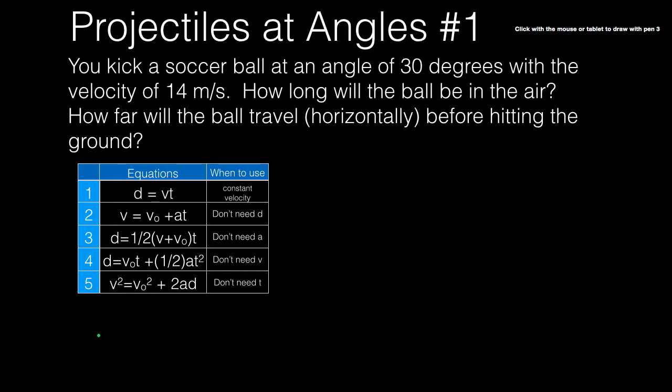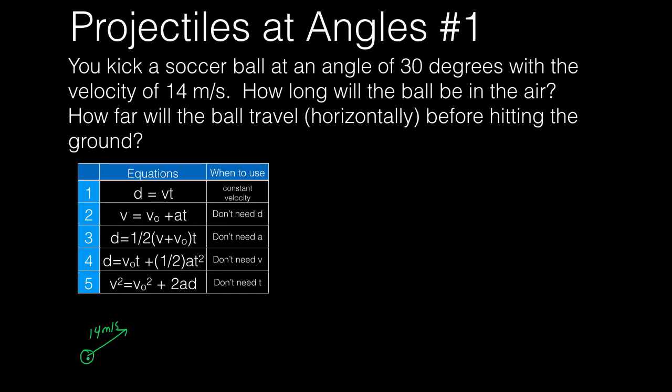I think the best place to start is always to draw a picture of what's going on. So I'm going to draw a picture of the soccer ball, and we're kicking it at an angle of 30 degrees and a velocity of 14 meters per second.